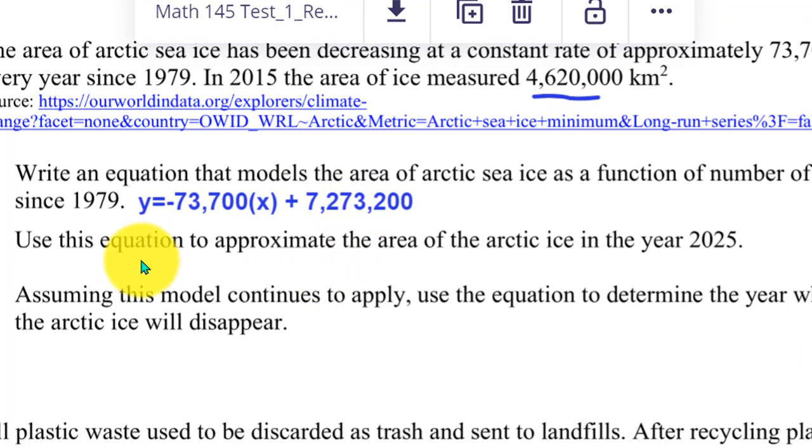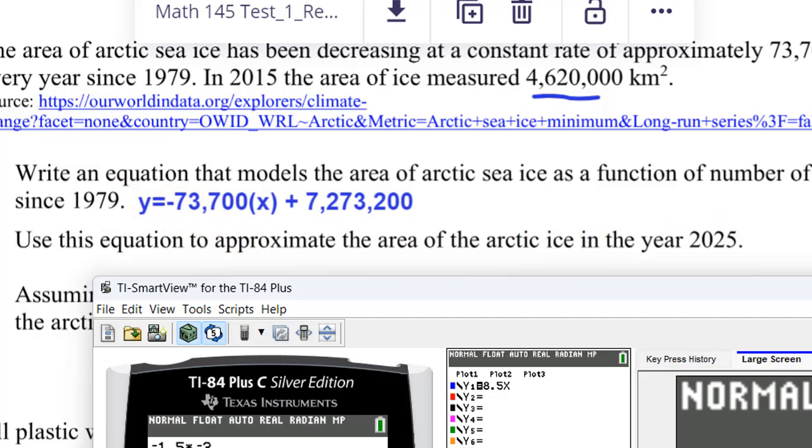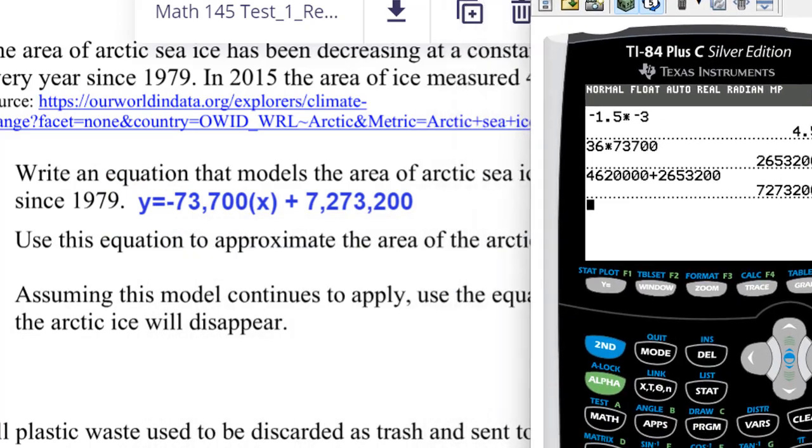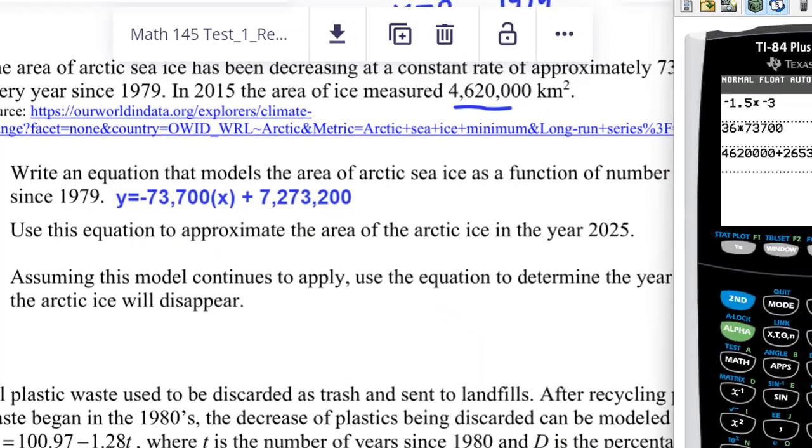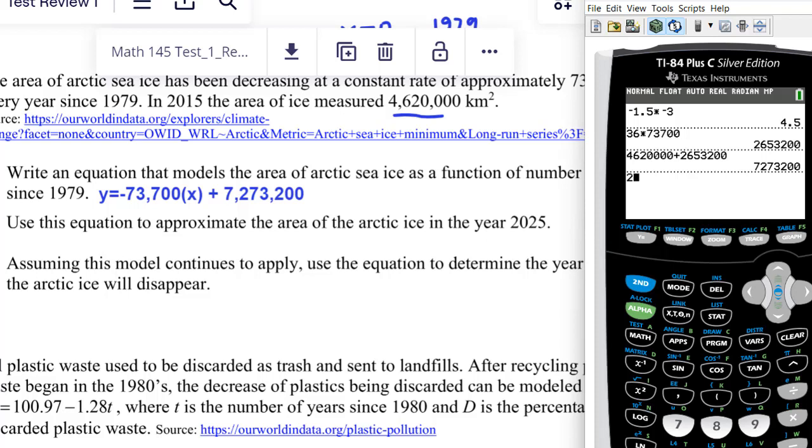So it says use this equation to figure out the area in 2025. So 2025 is how many years after 1979? You can do it in your head, or you can just do it in your calculator, right? You would type out 2025 minus 1979, just 46, right?